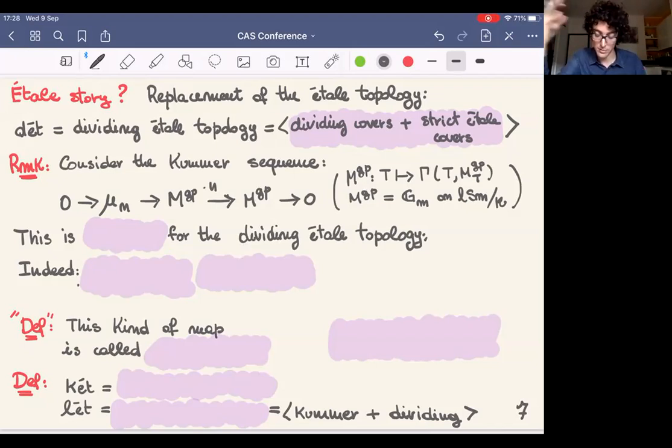Okay, so that's the simplest possible situation. But on the other hand, this is not quite the correct thing to consider in this setting.